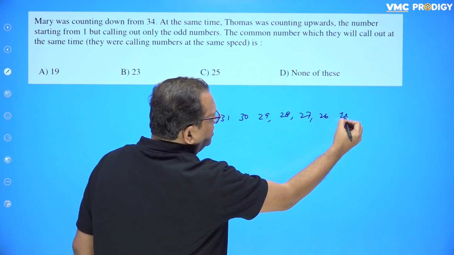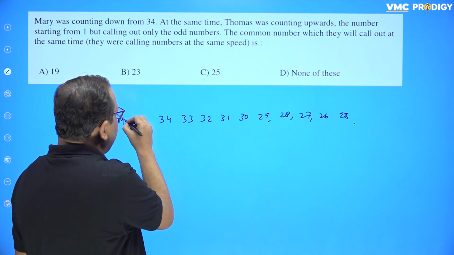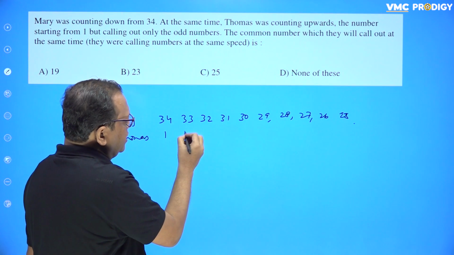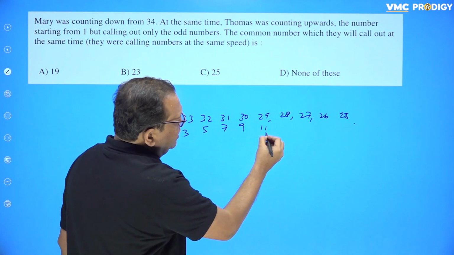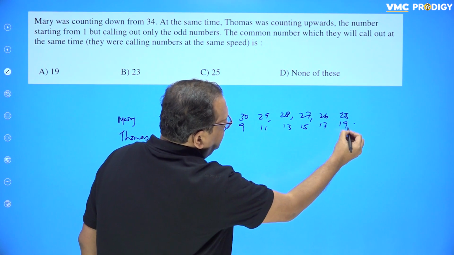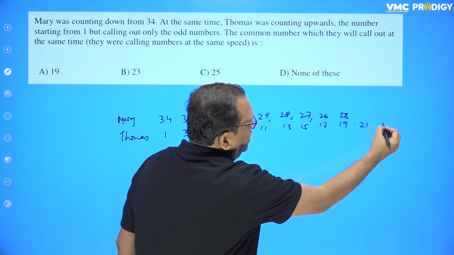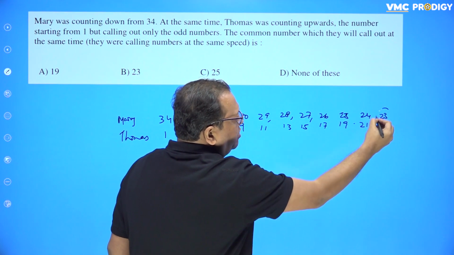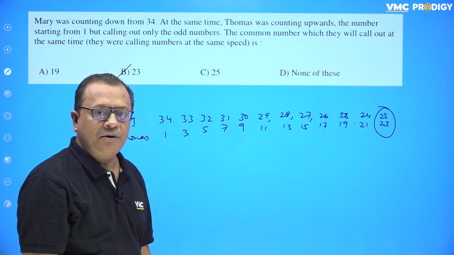The other person, Thomas, is counting from 1, counting only the odd numbers: 1, 3, 5, 7, 9, 11, 13, 15, 17, 19, 21 and 23. If this guy counts backwards, the common number is 23. So 23 is the number which comes here.